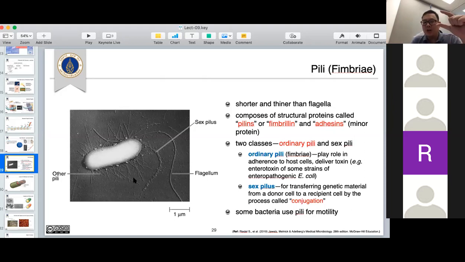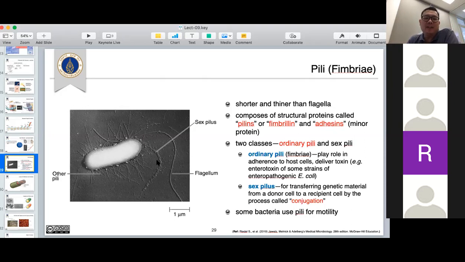Fimbria are shorter, and when they occur on cells, they produce a lot. The function of fimbria is to attach to the host cells, okay? Bacteria need to attach to host cells and then begin infection, okay?